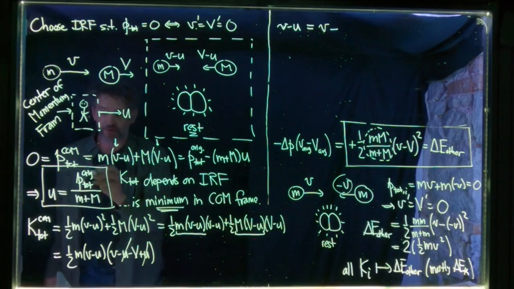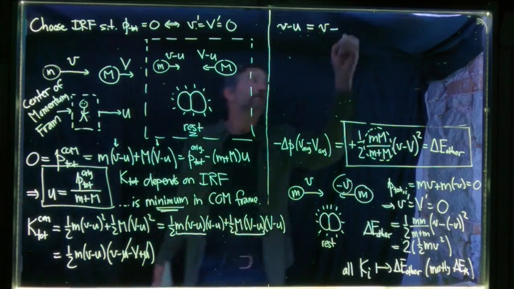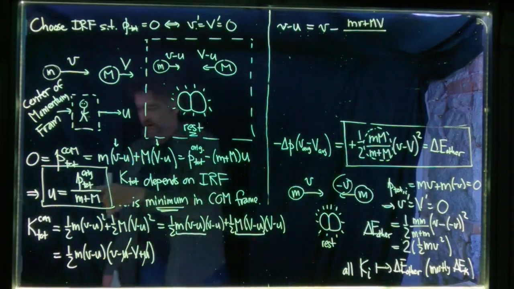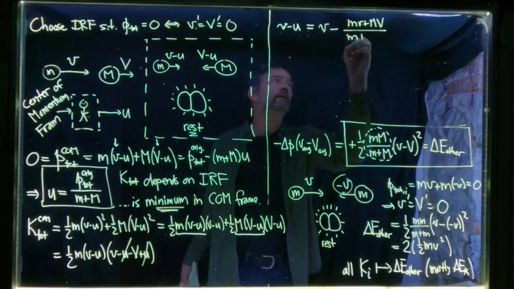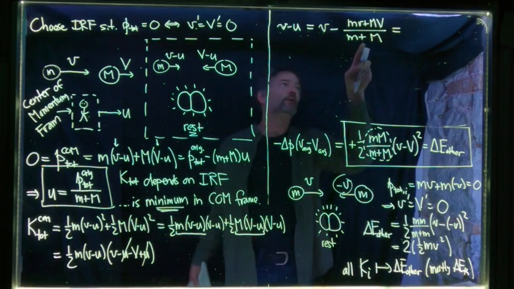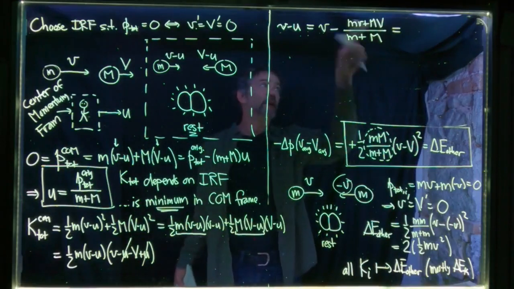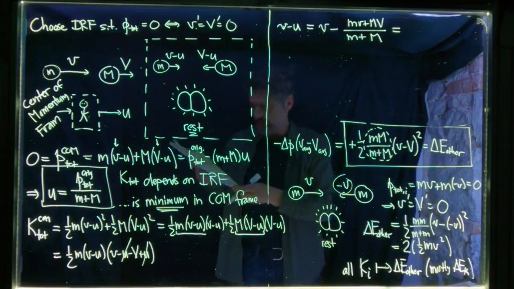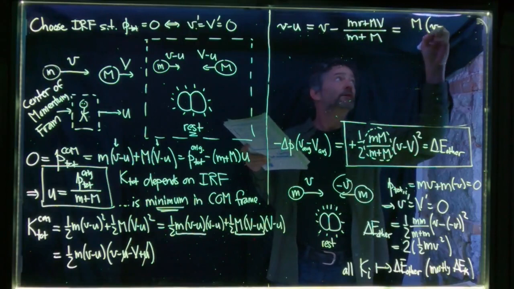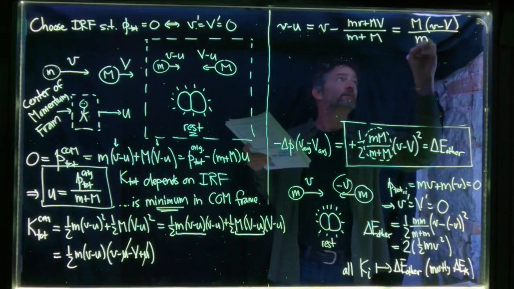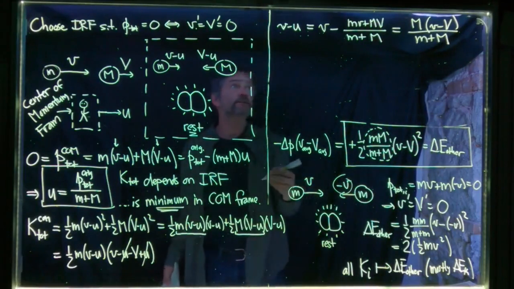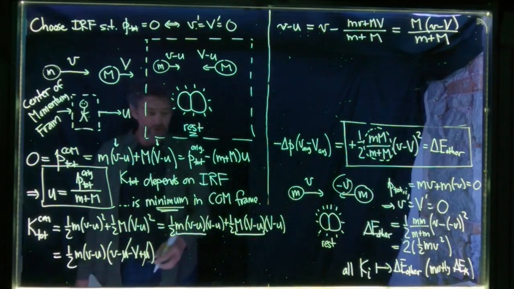So this is the total momentum in the original system, which is little m, little v, plus big M, big V, divided by the sum of the masses. Okay, and so now this is a trivial exercise for you to work out. Take a common denominator of little m plus big M and simplify that expression. And so what you get is big M times little v minus big V divided by the sum of the masses when you take little m plus big M as a common denominator. Okay, so that's nice. So now we can plug that into here.